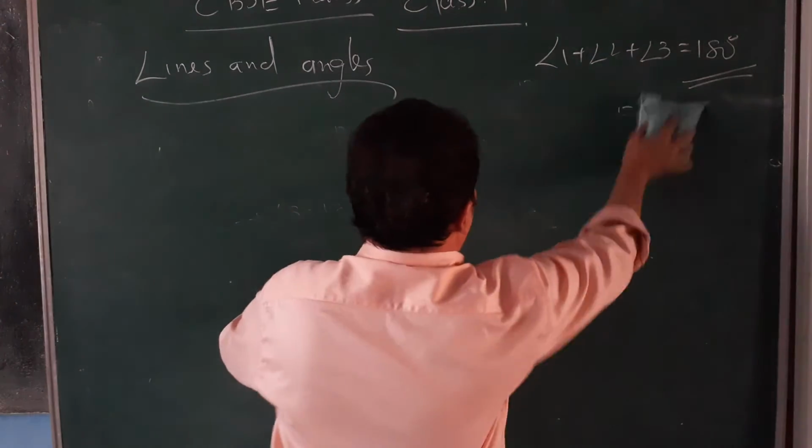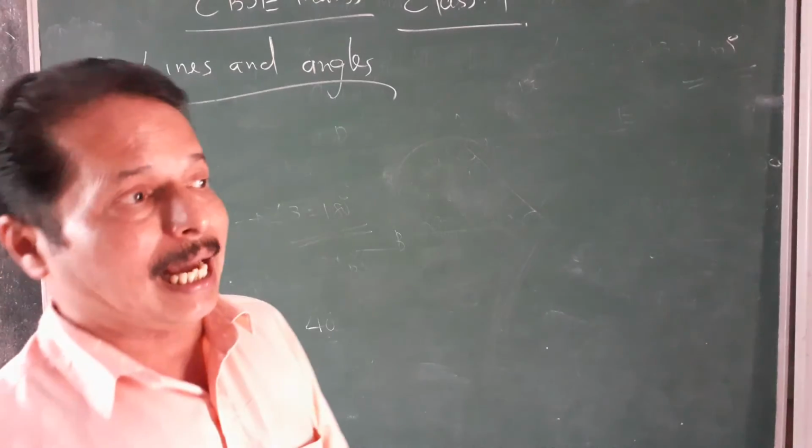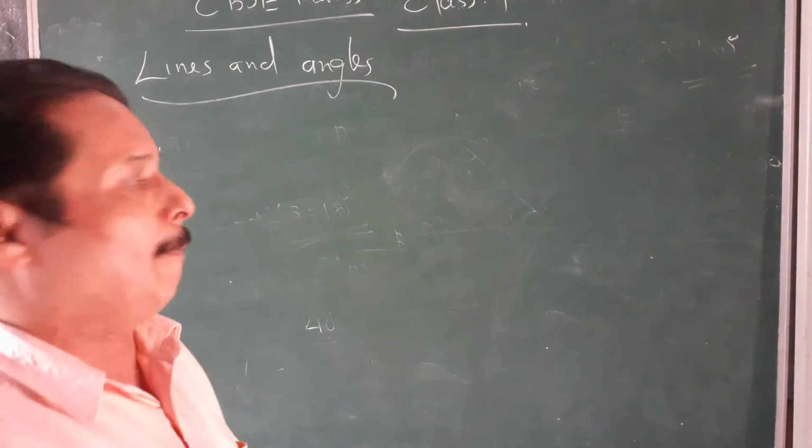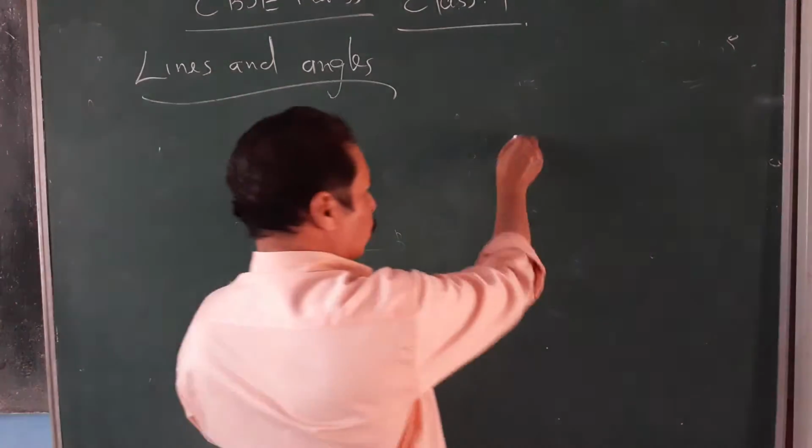Okay. And one more. The exterior angle of a triangle is equal to the sum of the interior opposite angles. Look here.